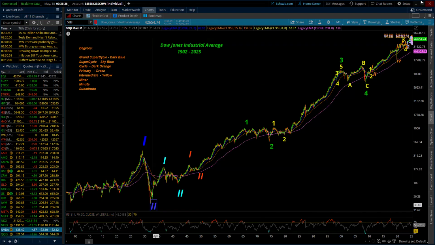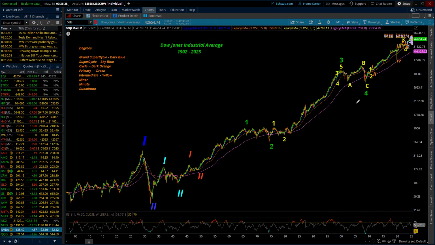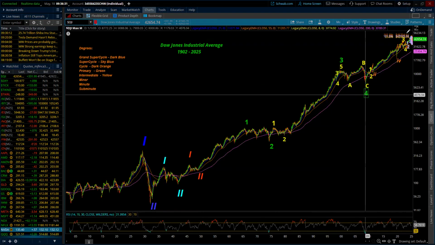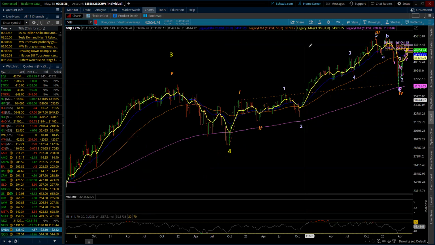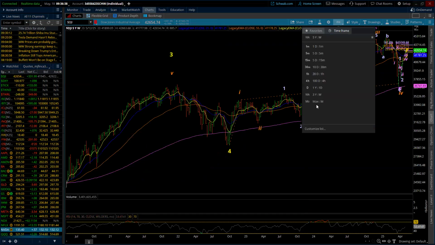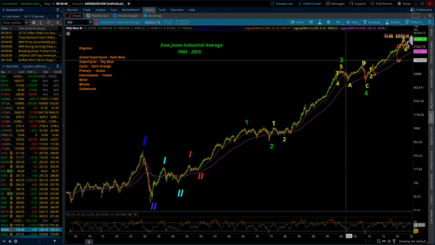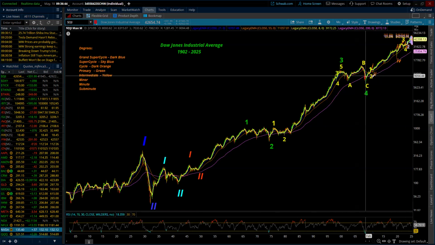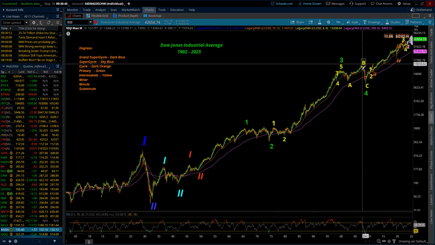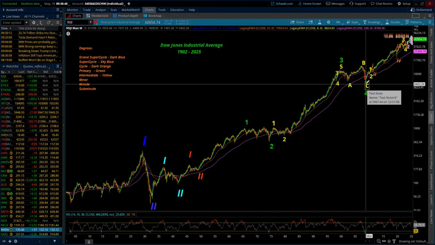Now we want to deal with, okay, within primary wave 5, now I can bring it down, stick it on the 5-year chart. I can't actually yet. I'm going to go back out to that maximum. Okay, so here we have the great financial collapse that we had in 2008, 2009. That brought us down.